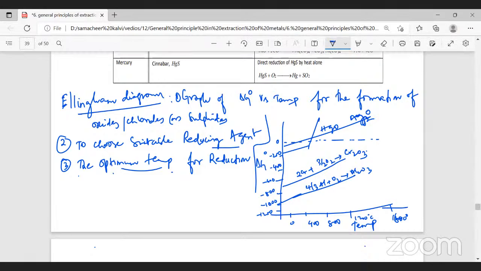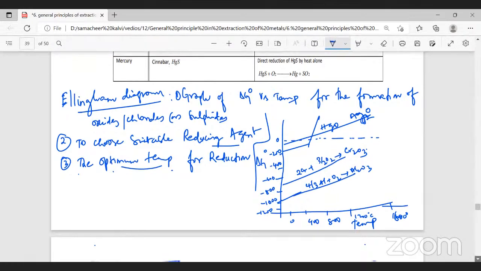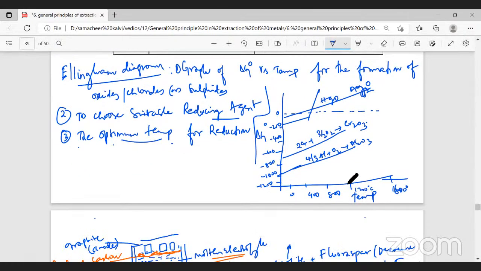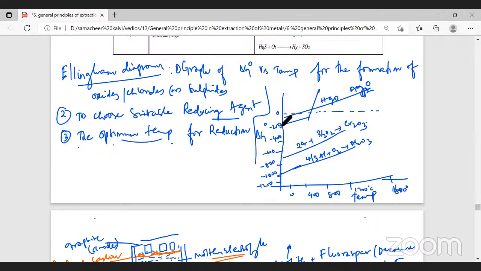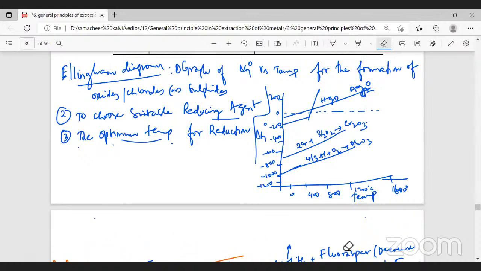Now, carbon cannot be used as a reducing agent for all. Before we learn the properties, first we learn the salient features of Ellingham's diagram. You can see this is minus 100, this is plus 200. As you see, minus 800 is greater than minus 1000. Yes or no? Minus 800 is greater than minus 1000. So, as temperature increases, what's happening?